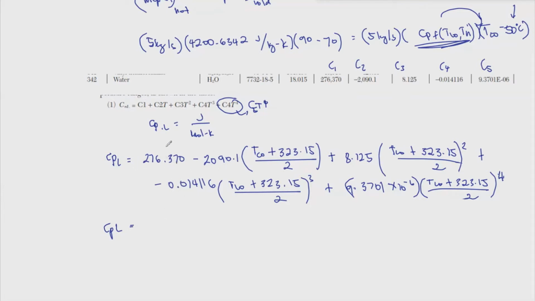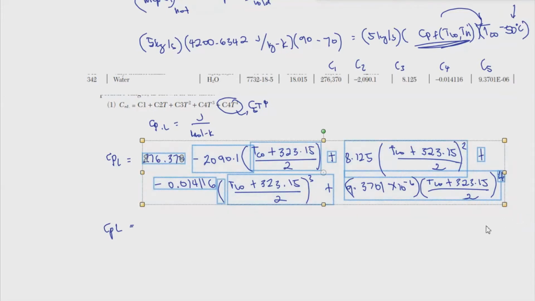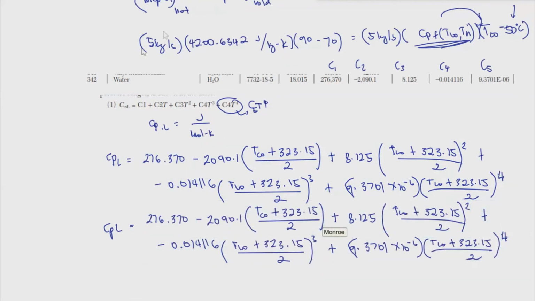So I just have to copy this expression, and then I'll be multiplying this all by 1 over 18. In that way, I will have this unit in terms of joule per kilogram Kelvin that is consistent with this one.